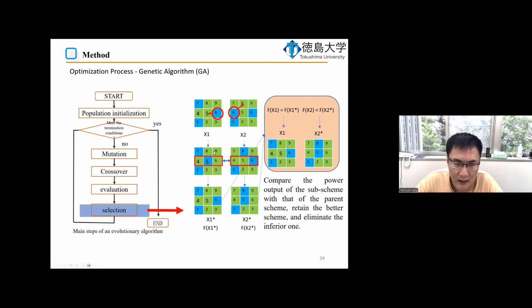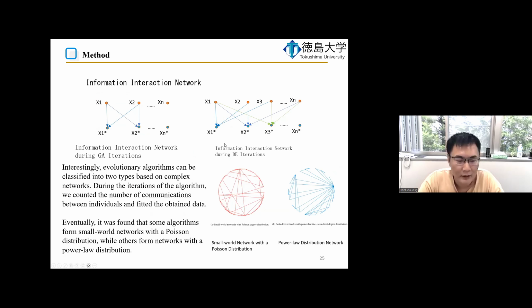As the algorithm runs, the information exchange will form a very large, very complex network. Eventually, it was found that some algorithms form small world networks with Poisson distribution, while some others form networks with power law distribution.